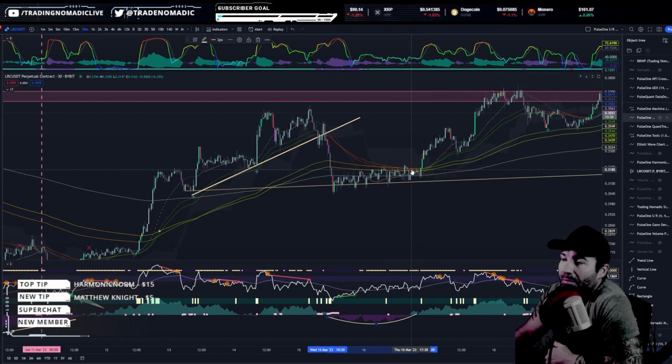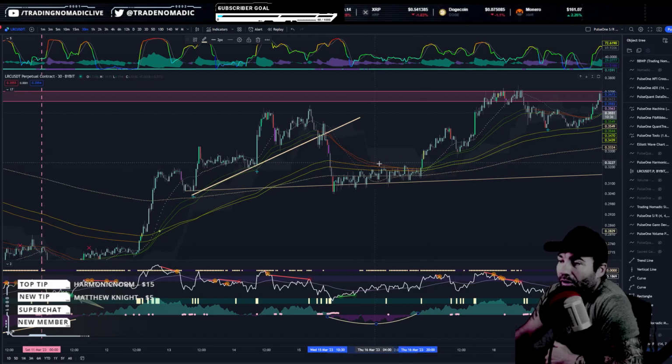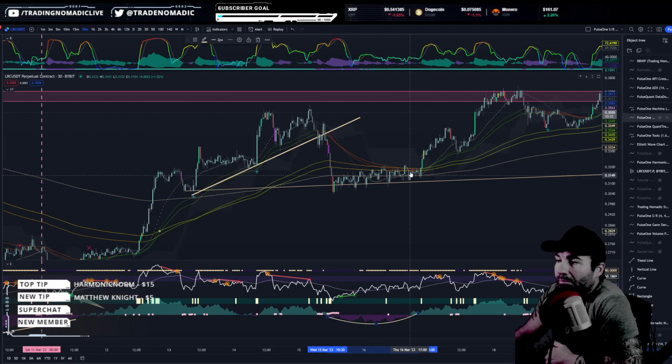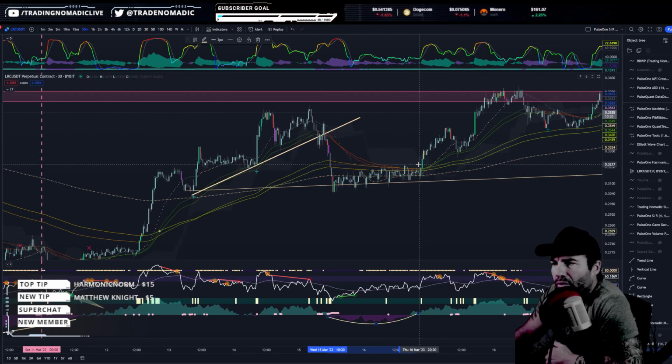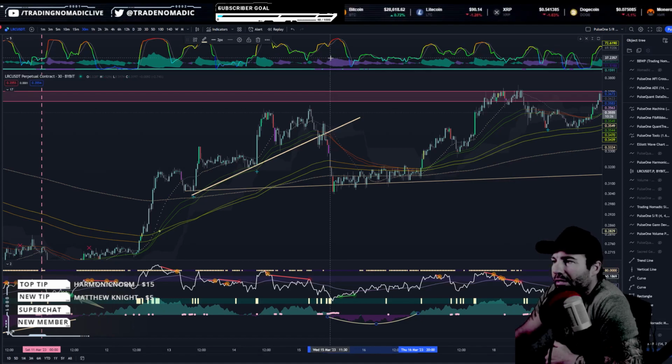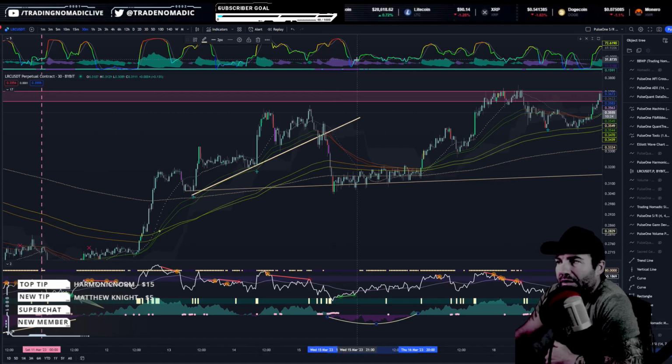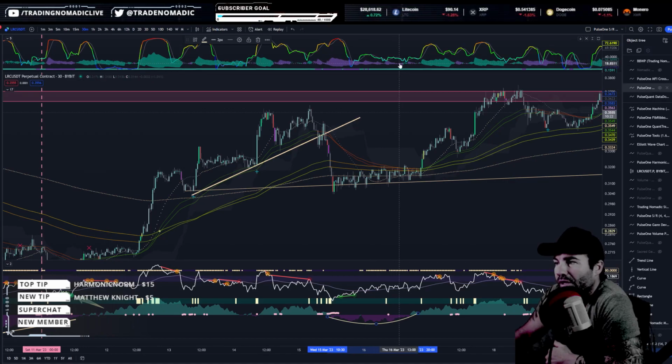You've got price breaking above all these moving averages that were squeezing up real tight here. Price moved above the Ichimoku cloud. If we look up here on the ADX, this long bearish trend on the ADX is slowly starting to get thinner and thinner and thinner.